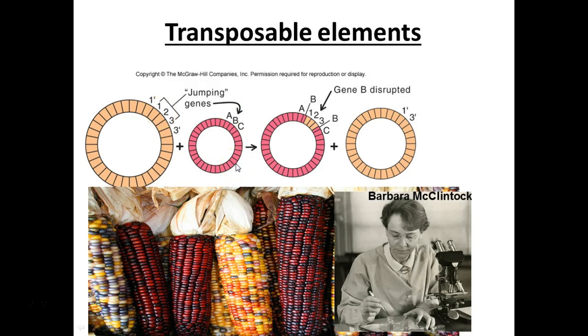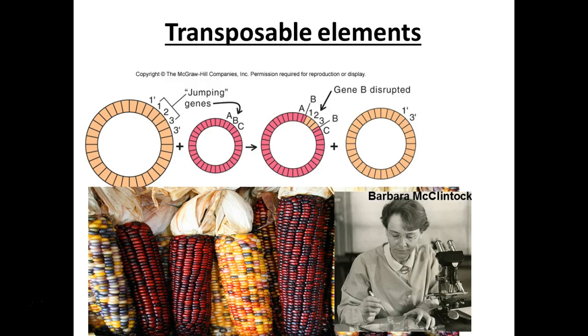And here are 3 genes, 1, 2, and 3, that are part of a transposable element or a transposon. They come off of here and insert into B. So here they are in B. So they just moved from the chromosome into the plasmid. The problem is they just split B into 2 pieces. Whatever B coded for, is that cell going to make any more? No.